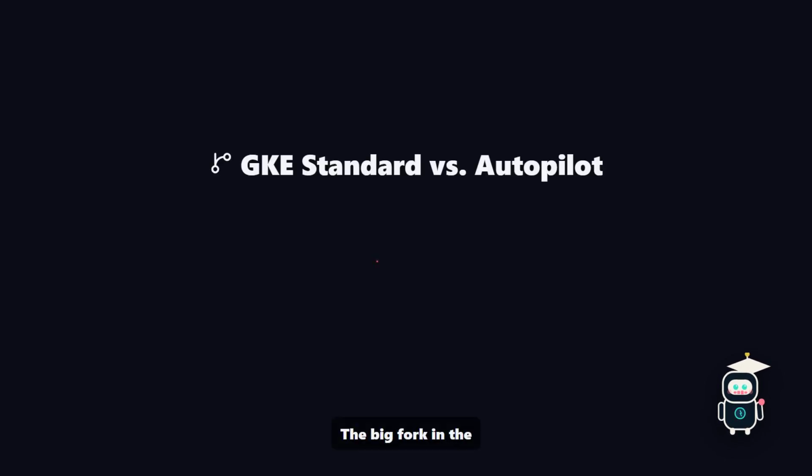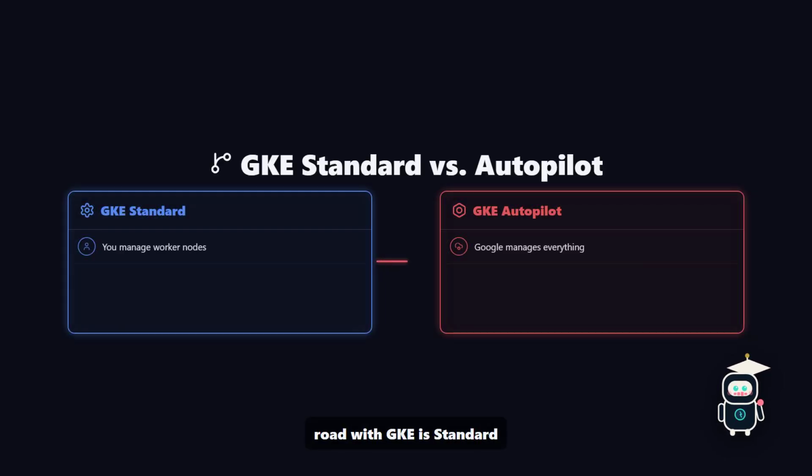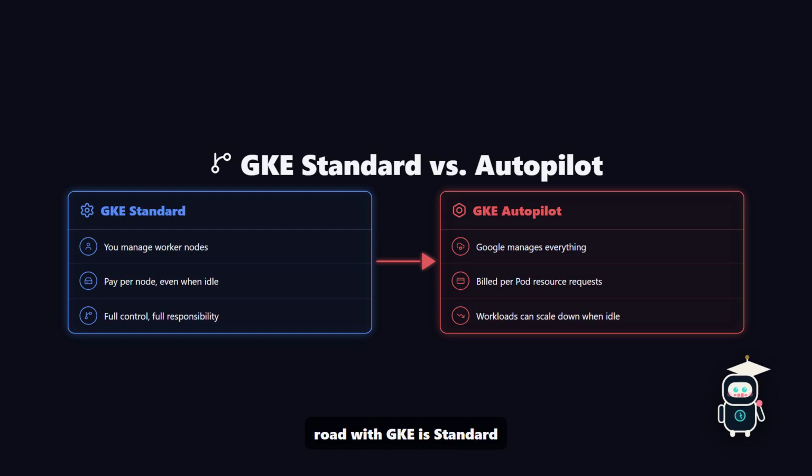The big fork in the road with GKE is Standard versus Autopilot. Standard gives you full control. You choose the node type, you manage upgrades. But you pay for every node even if it's sitting there doing nothing. Autopilot flips the model. Google runs the cluster infrastructure behind a curtain.